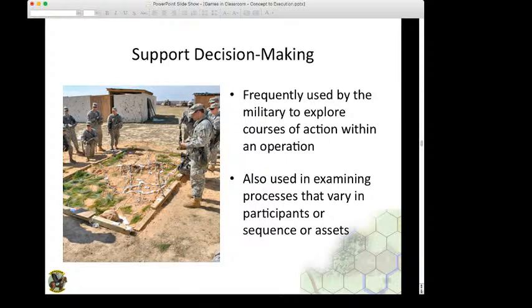Which one allows me to maintain control of particular terrain features if that's part of my mission? So it's not simply did I kill more of the bad guys than not. There may be other considerations as part of all of this. And so that's the idea of supporting decision making. Let's play through a couple of different choices that we have, see what the outcomes are, and then pick one from the available outcomes.